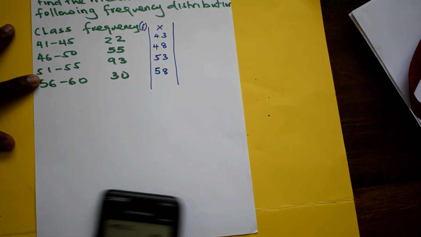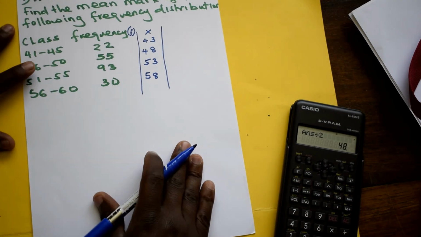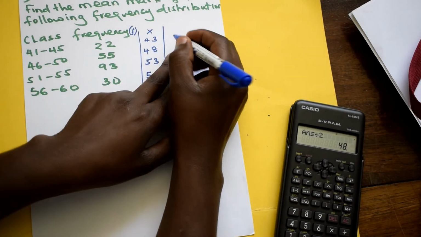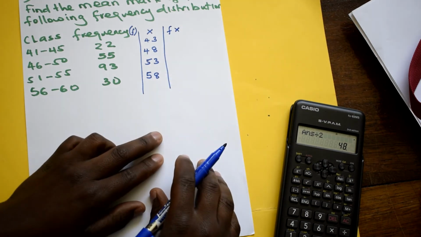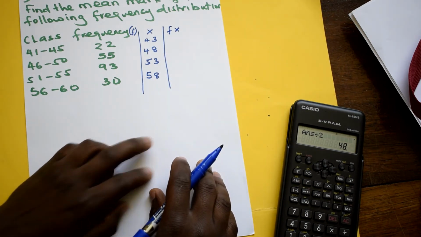So we already have f, we have x, so we need the product of these, another column here, fx, and fx means we multiply f by x.